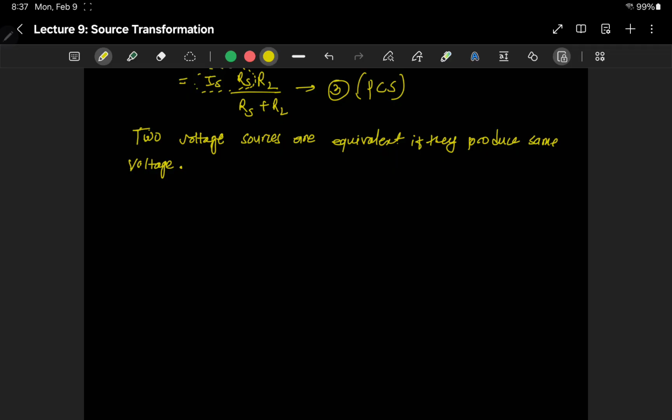Okay, that leads us to the topic of the discussion today, which is the method of source transformation.